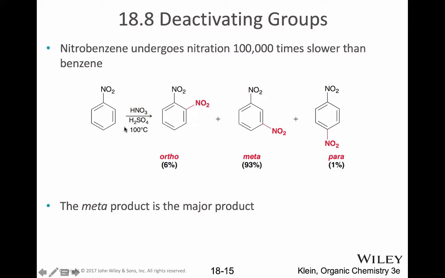And in terms of the nitration, you get mostly the meta product versus the ortho and the para product. So we say that this nitro group is a meta director. We say that the nitro group is a deactivator in terms of its rate, and it is a meta director in terms of its regioselectivity.